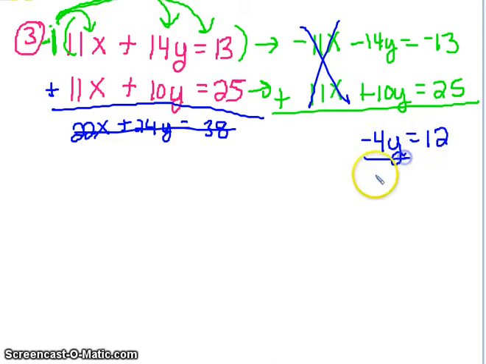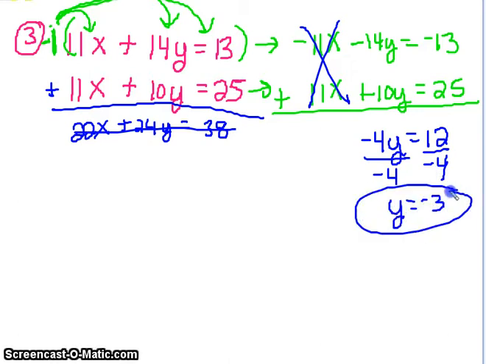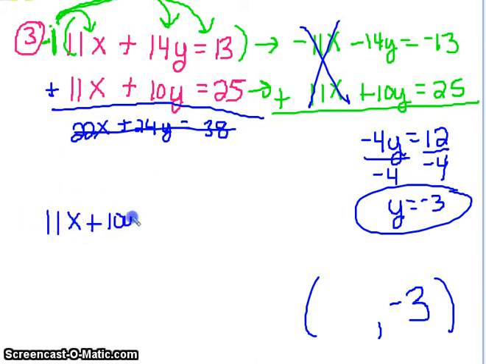When I divide both sides by negative 4, I find out that y is equal to negative 3. A big mistake we sometimes make is to stop there. Can't stop there. Doesn't matter which one we use. Let's use the second one this time. 11x plus 10y equals 25.